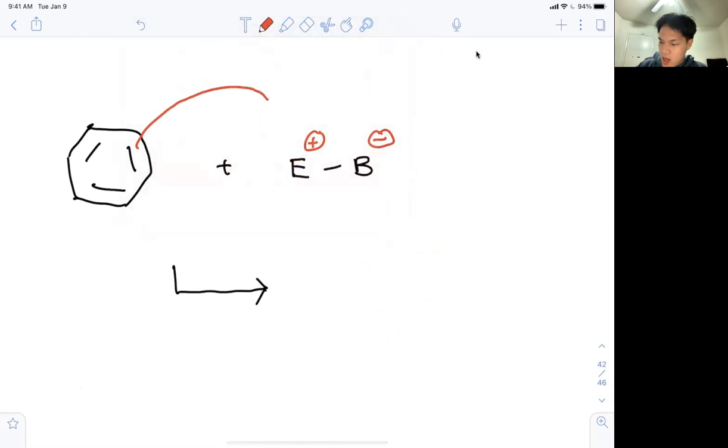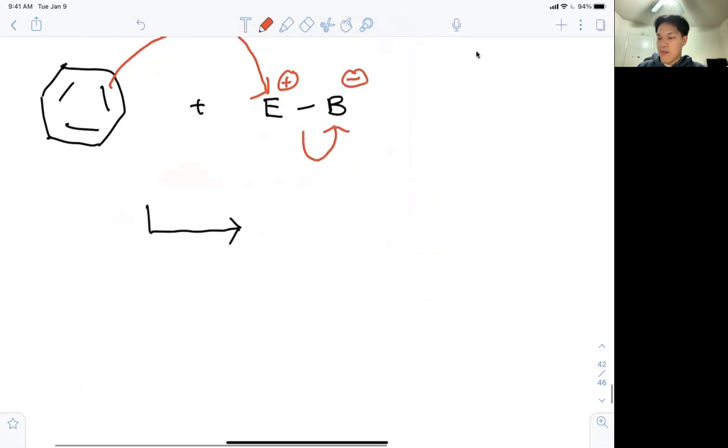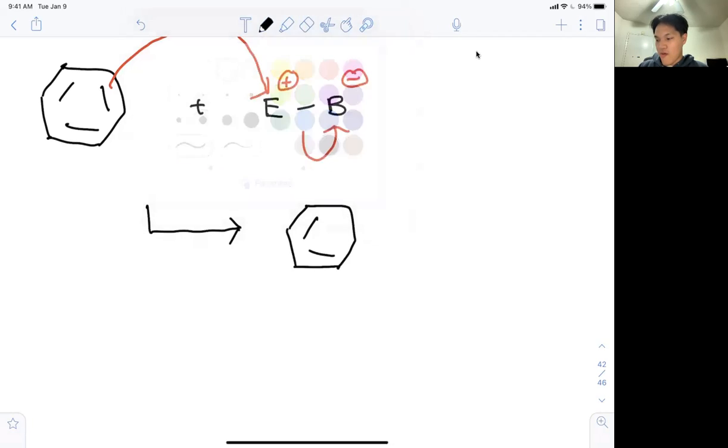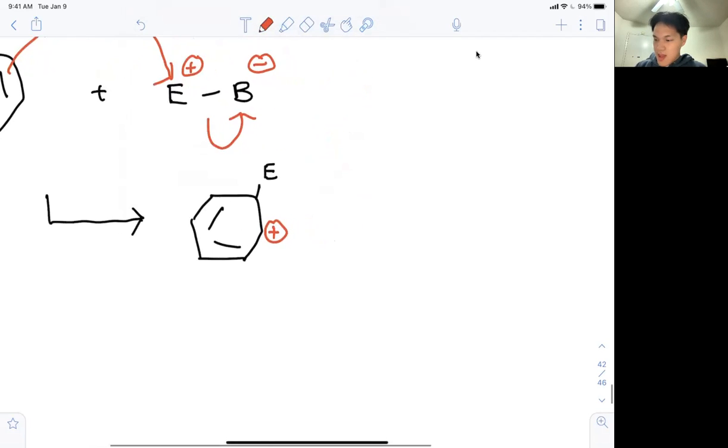So our nucleophile, our benzene ring, is going to attack that electrophile. Then the base is going to leave. Okay, and then I'm going to put the electrophile on the top here. I'm going to put the carbocation right here. And then there is also a hydrogen here, right?